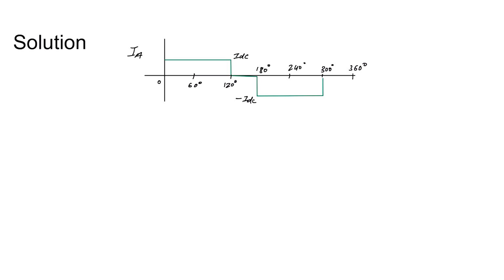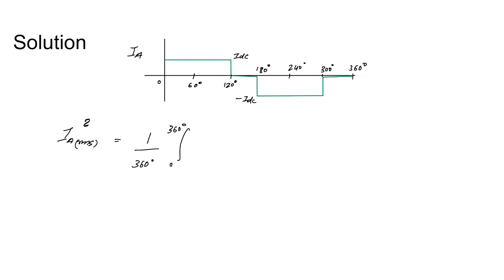The RMS value of the source current I can be calculated as I RMS squared is equal to 1 upon 360 times the integration from 0 to 360 degrees of I squared d theta.